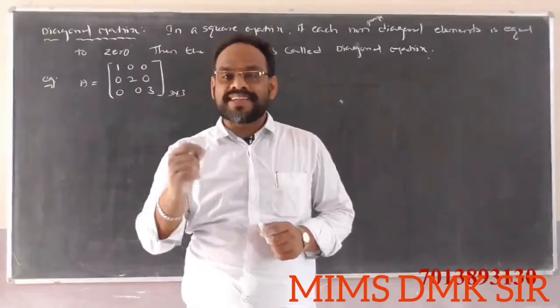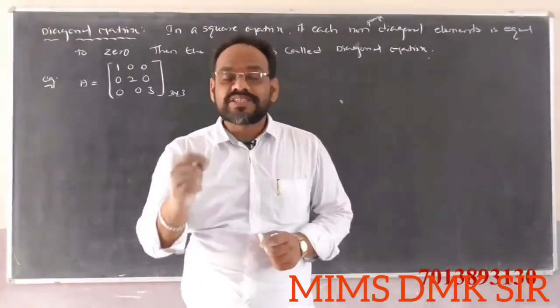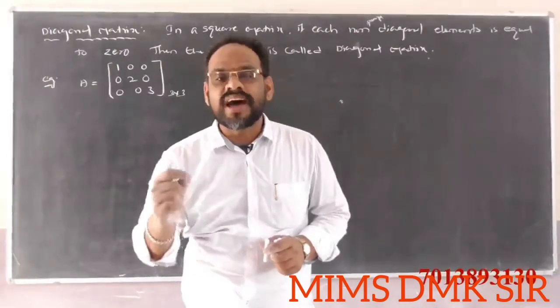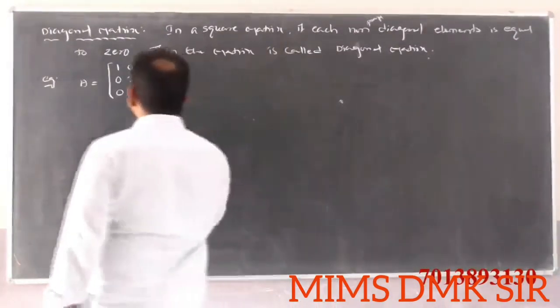A square matrix A = [a_ij] of order n is called a diagonal matrix if a_ij = 0 for i not equal to j.